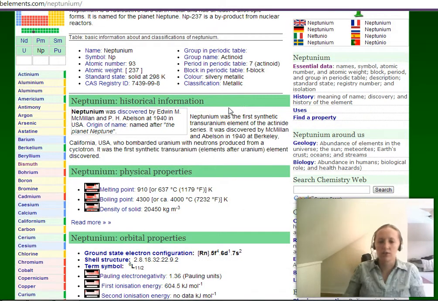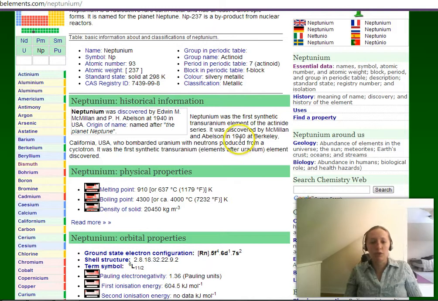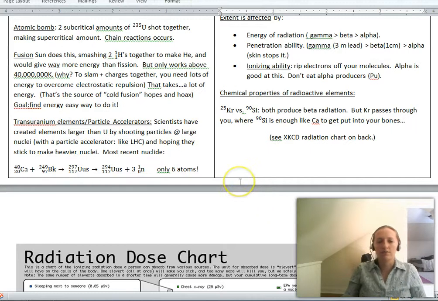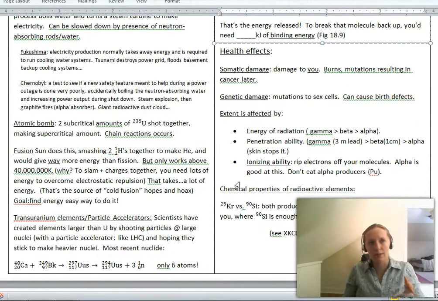The first synthetic transuranium element, yeah, in 1940. That's cool. I didn't know it was that early. Bombarded uranium with neutrons, and it's the first synthetic transuranium element discovered. That's cool. All right. And all of the elements after neptunium have only been observed when they have been made by man in the lab.